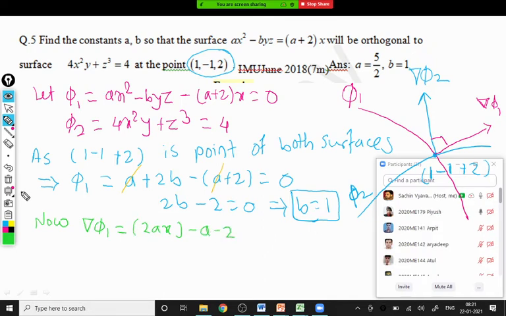Okay, the bracket I will keep. Yes, this is i cap, correct. This is dou phi 1 by dou x, sorry. Yes, now second, plus minus bz, correct, j cap, and minus b k cap. Good? Okay.